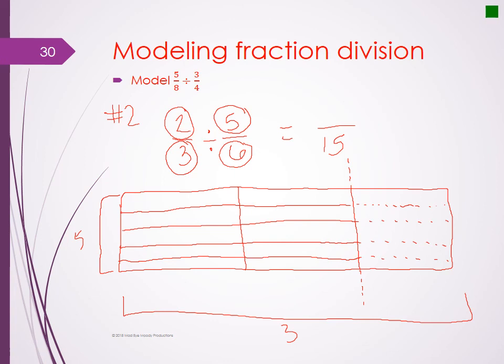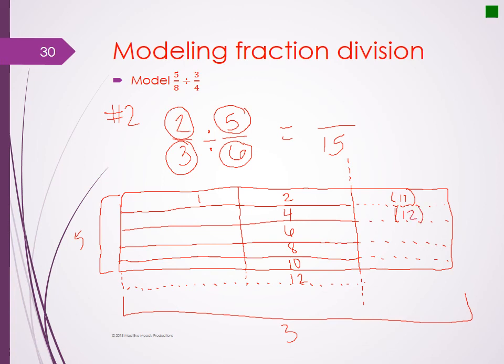I need 6 of them. Well, one of them has 2, so this is 1, 2, so this would be 4, 6, 8, 10. I don't have a 6th one, that's 5 of them, so I need to imagine a 6th one, which would be 2 more pieces, so 12. Or again, you could say, look, there's 2 extra pieces, so this would be 11, and this would be 12.